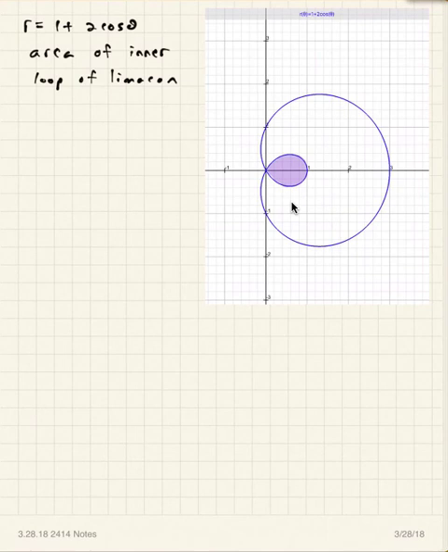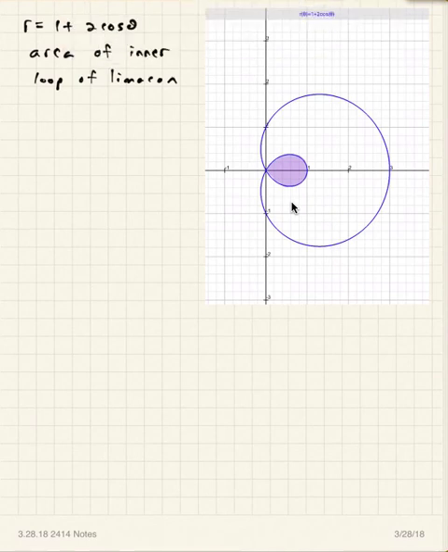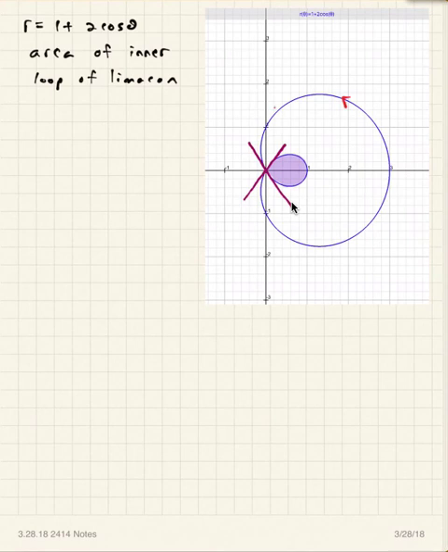And so to do that, we need the tangents at the pole, because the tangents at the pole are important for this kind of problem. And that's why I wanted to look at something like that, so you had some experience with that. You have to find this angle right here and this angle right here, because that's what the graph is doing. The graph is coming in this way, this is our orientation of our graph, and then it passes through the pole, and then it continues on like so.